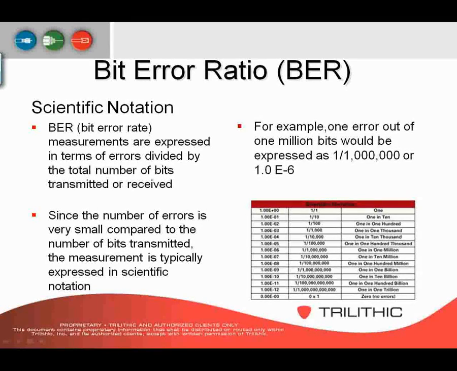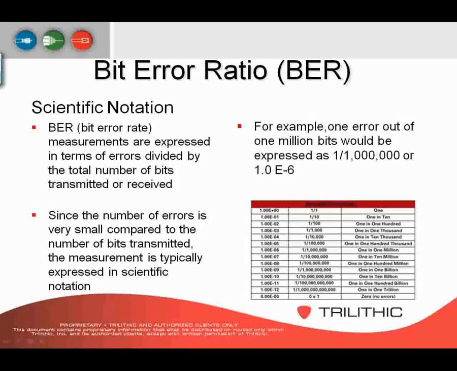If you had 1E-6, that minus 6 lets you know how many zeros follow the 1. In a million there are 6 zeros. So if I see that minus 6, I know that means a million. By looking at 1.0E-6, I know that's one error in a million bits.